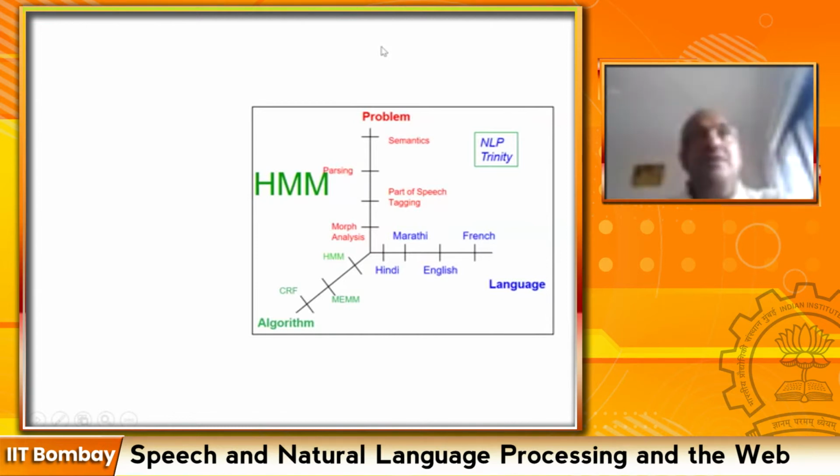If you exclude the possibility of a word being a verb while it is a noun, then you are solving a tremendous amount of the problem for part of speech tagging for that language. So English has that peculiarity.